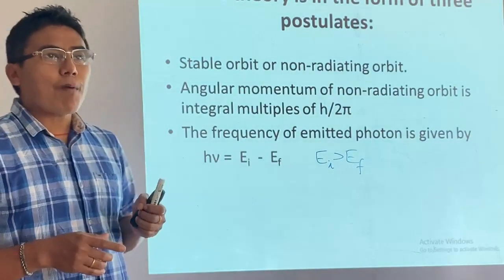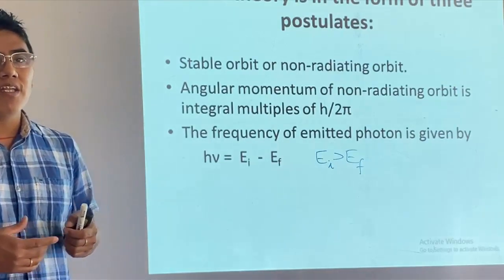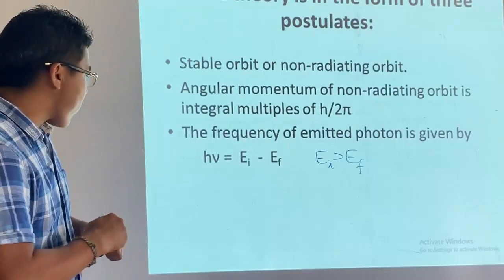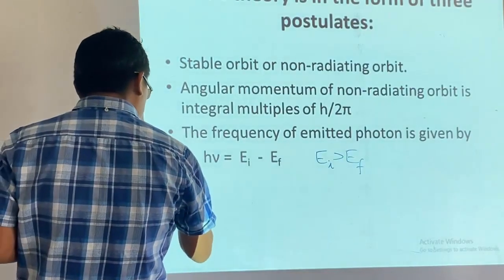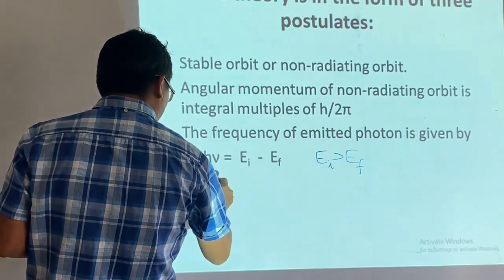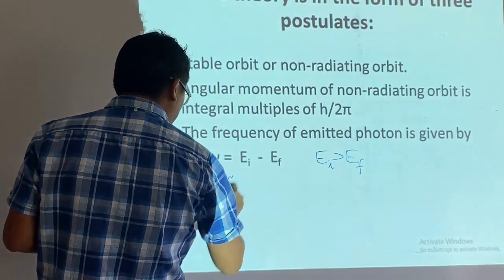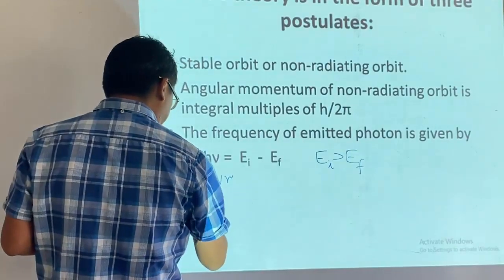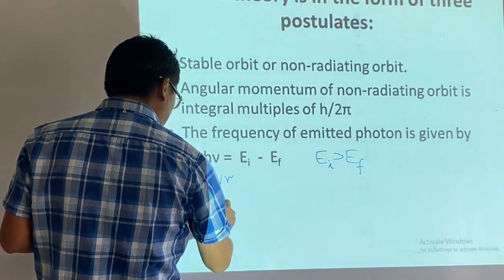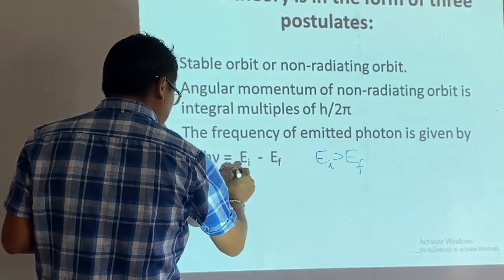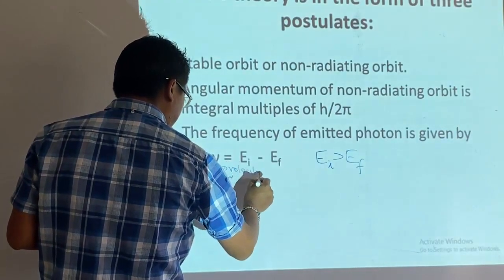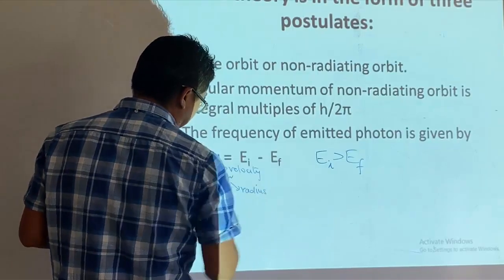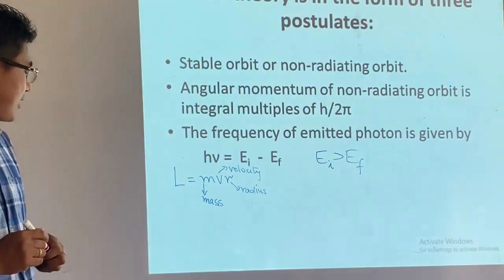Then we talk about the electron going around the nucleus, and when the electron goes around the nucleus, we talk about angular momentum. Whenever we talk about angular momentum, it is represented by L. L is given by m v r. This is what we mean by angular momentum, where m is the mass of the electron, v is the velocity, and r is the radius.